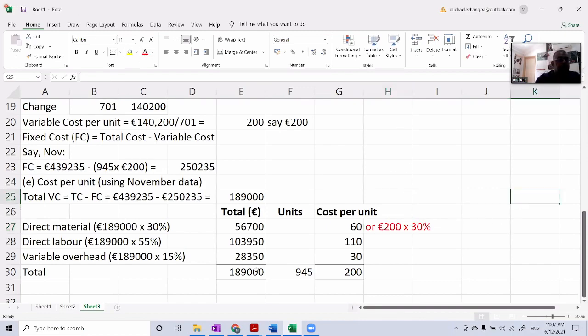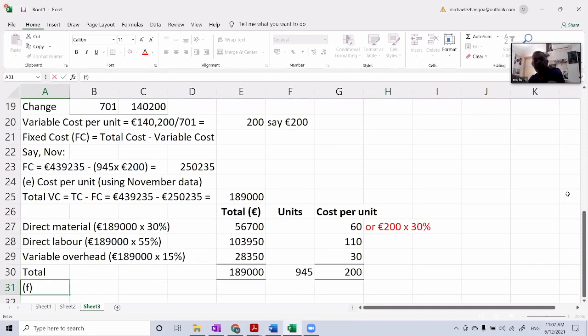You could have done that as well, right? So let's look at part F here. What does F ask us to do? Sorry, am I going too fast? Can you follow? Your answer? Is that right? All right, that's another way to do it, yeah.